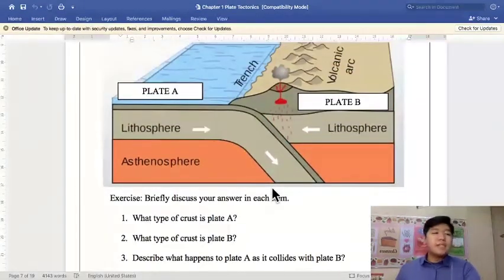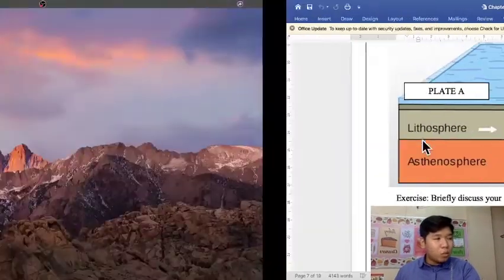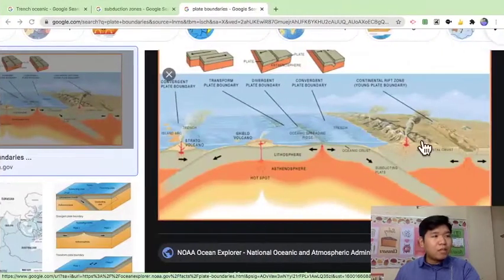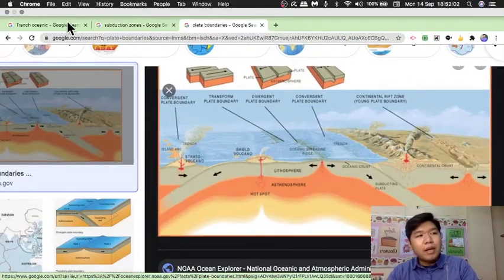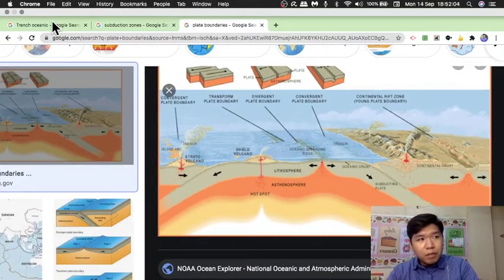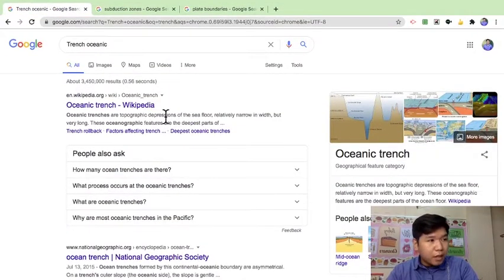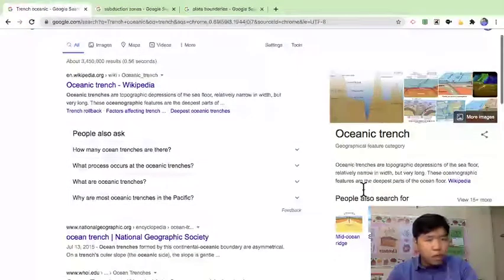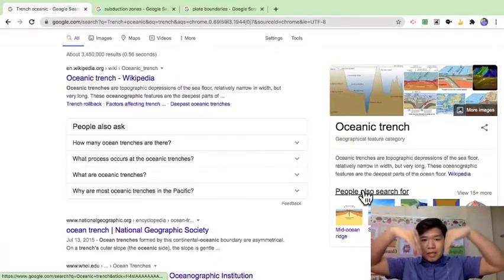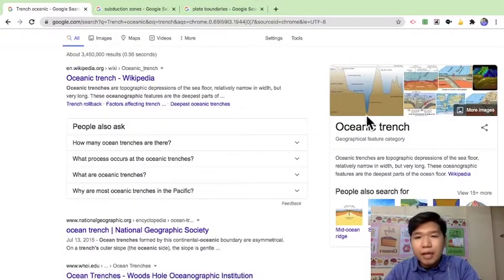So, as I said a while ago, we will be looking at what kind of trench is being described in the image a while ago. So, a trench is a depression on the seafloor, so it is a sinking. Okay, something like this. There are topographic depressions on the seafloor.